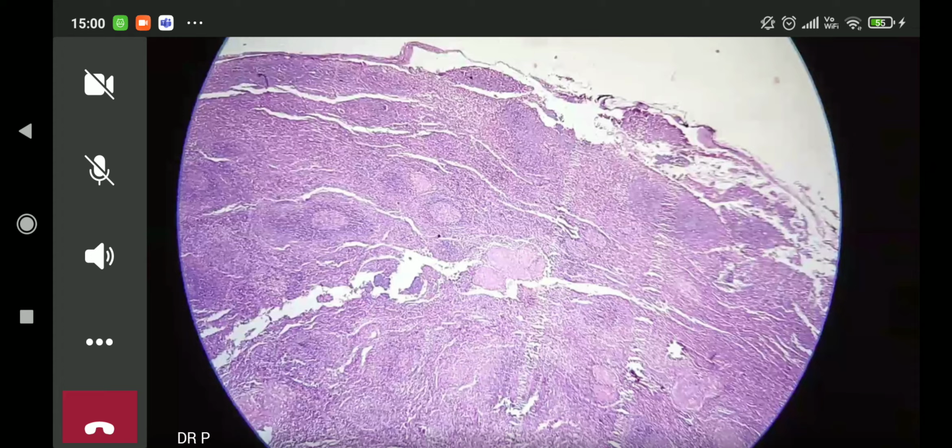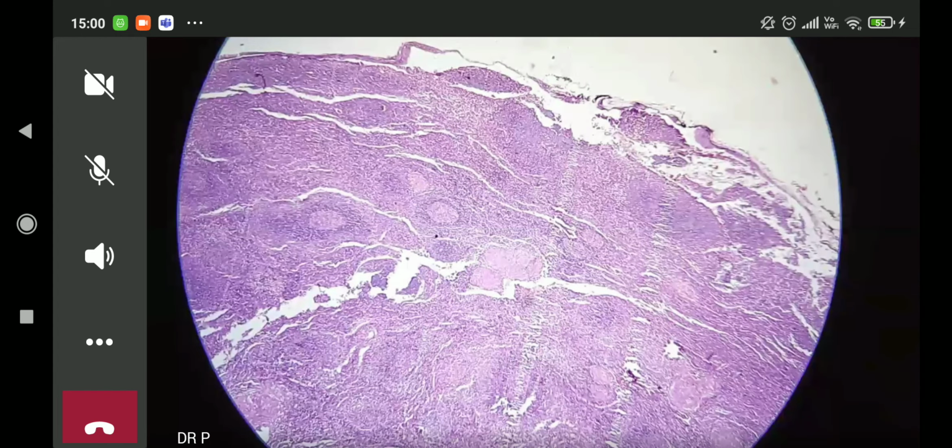So this is exactly what I was trying to tell you. Now, if you look carefully, the rest of the lymphoid follicles which are surrounding this pink kind of area, they all have some sort of regular structure. You have a germinal center and they are rimmed by a collar of lymphocytes. Okay, so there is some sort of order in their arrangement.